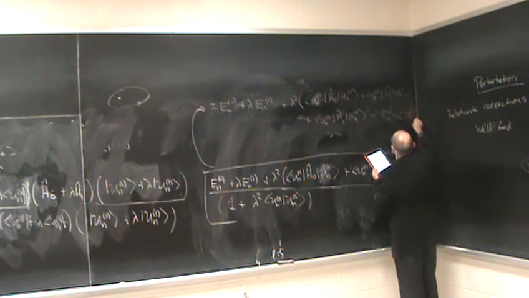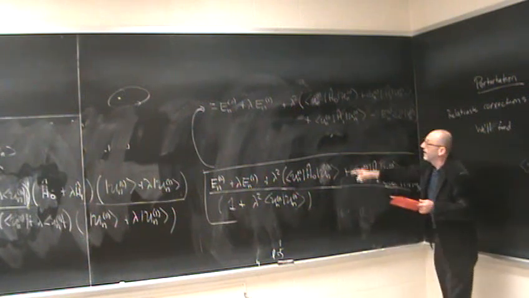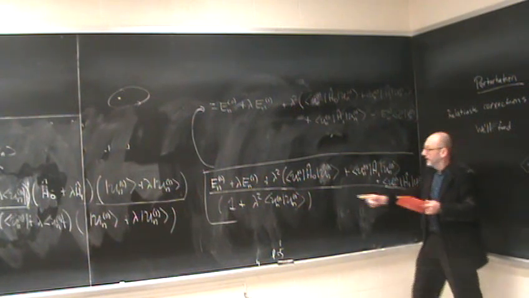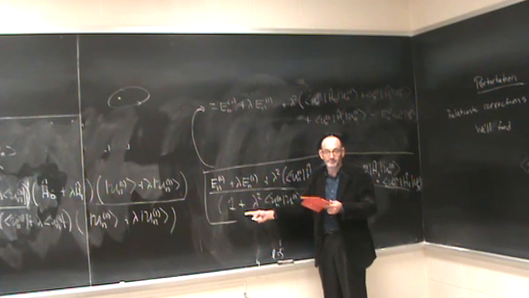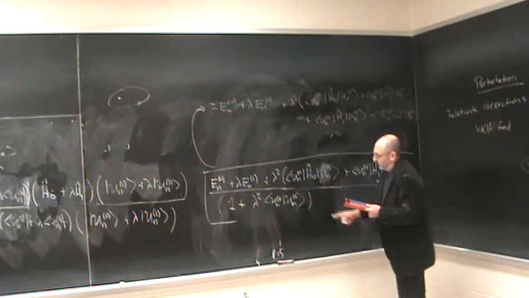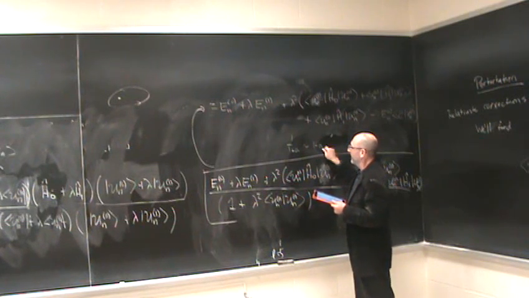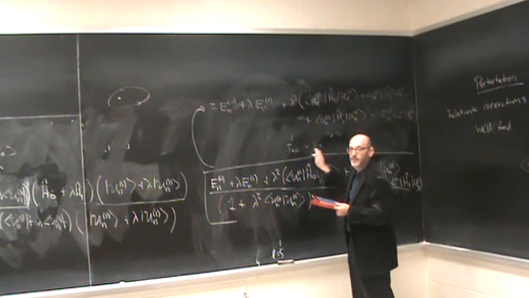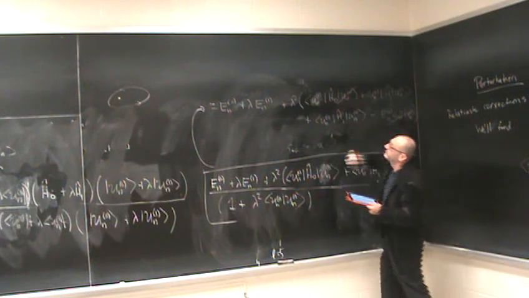That's right, because that just comes from taking that denominator and bringing it up, and then I get a lambda squared times that with a minus sign, because 1 over 1 plus A is approximately 1 minus A for A small. Okay? So this term cancels that term.